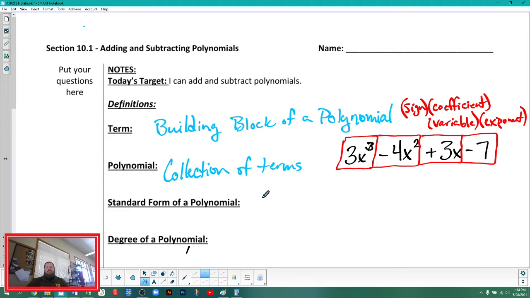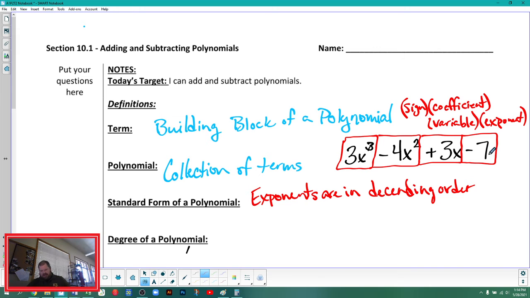Standard form of a polynomial is as I've written this one here. And the important part is that exponents are in descending order. So for this one, it goes x cubed, x squared, x to the first, and this last one is technically x to the 0 power.